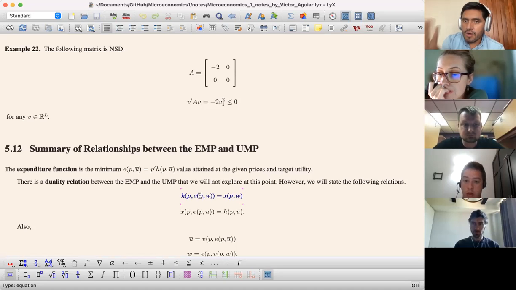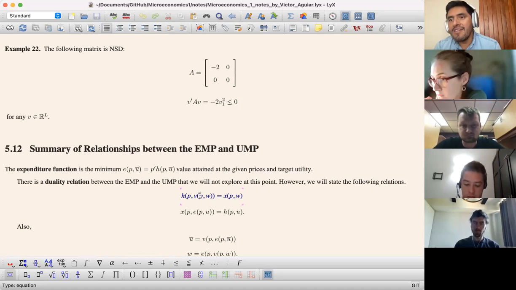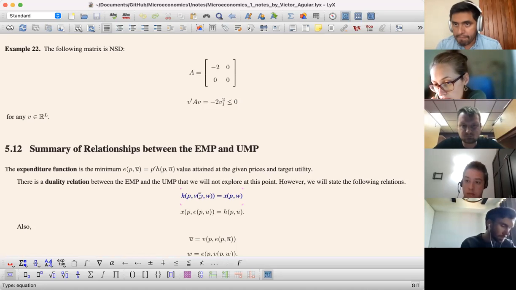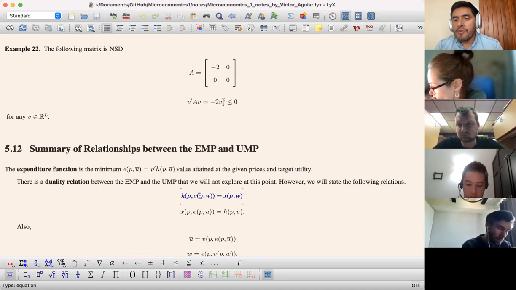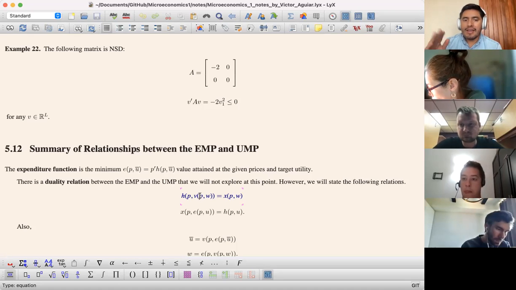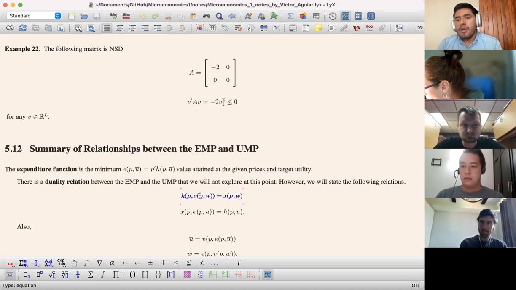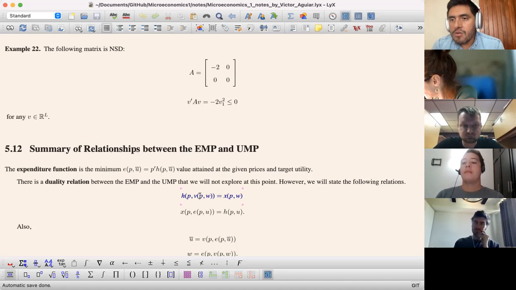So as you can imagine, what was that object? The indirect utility. So what was indirect utility? The optimal value of the UMP, right? So if I replace the optimal value of the UMP inside the target level of the Hicksian demand for the same prices, I get out the Marshallian demand, right? So x(p,w). So essentially, this provides a way to use the Hicksian demand to go to the Marshallian demand.